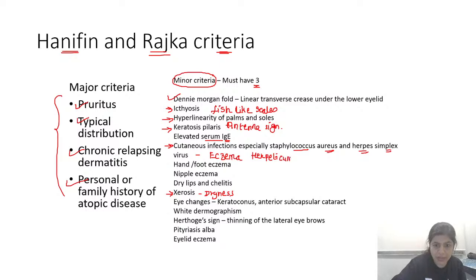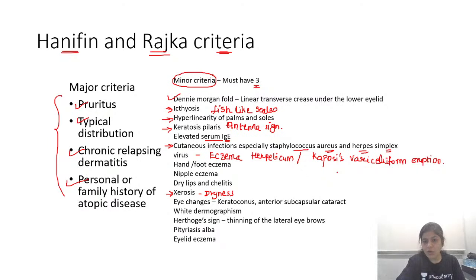It is also called Kaposi's varicelliform eruption. This is a very important MCQ. So please remember, eczema herpeticum or Kaposi's varicelliform eruption is the dissemination of herpes simplex occurring in patients with extensive atopic dermatitis.